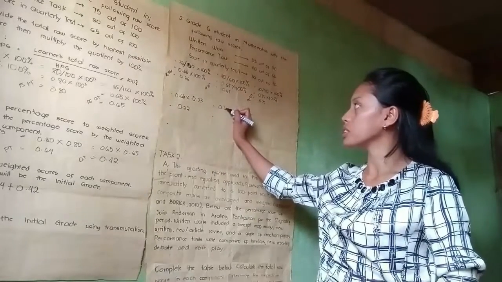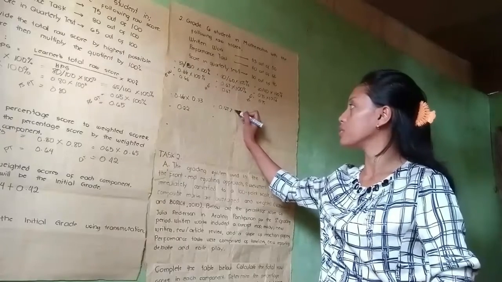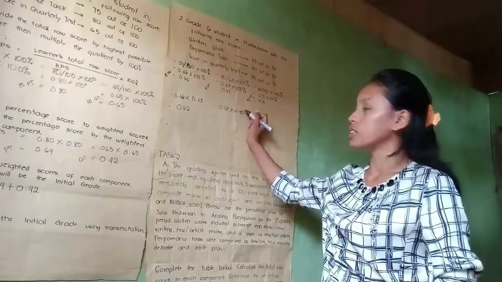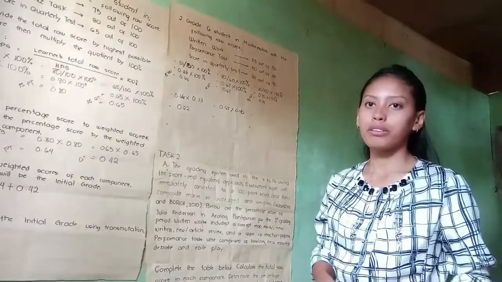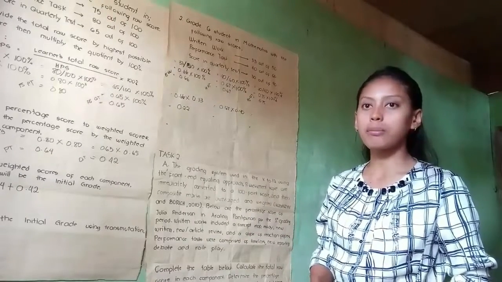Next is 0.67 times 0.40 is equal to 0.27.